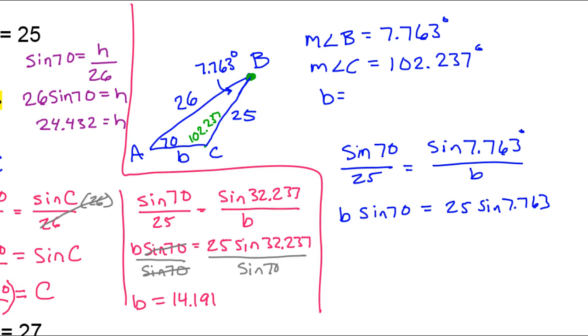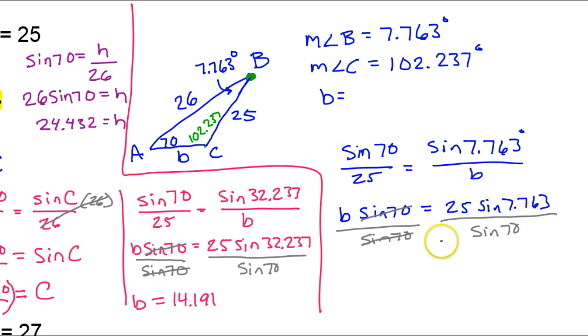And if I divide both sides by sine 70, that's going to give me side B.